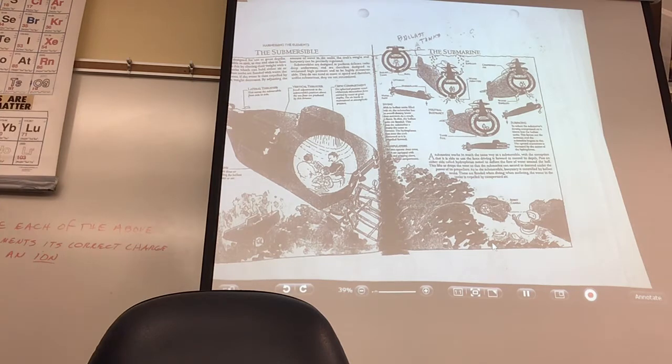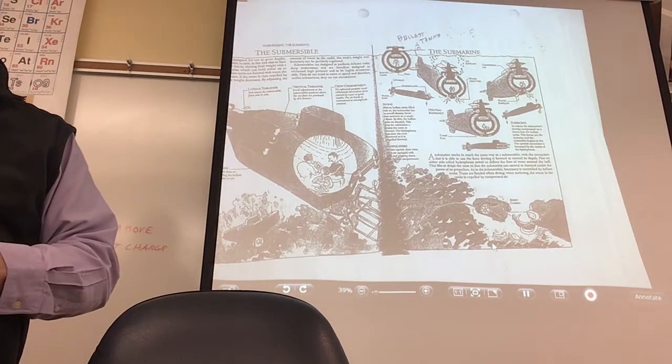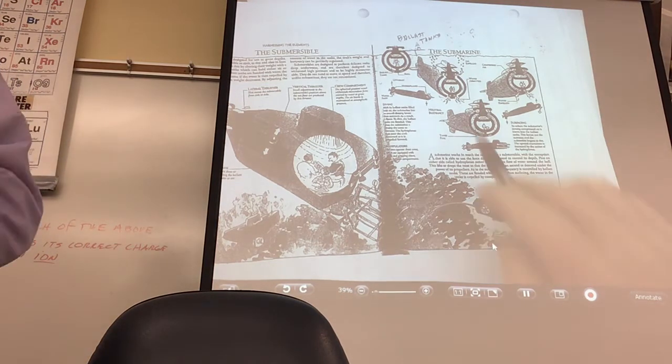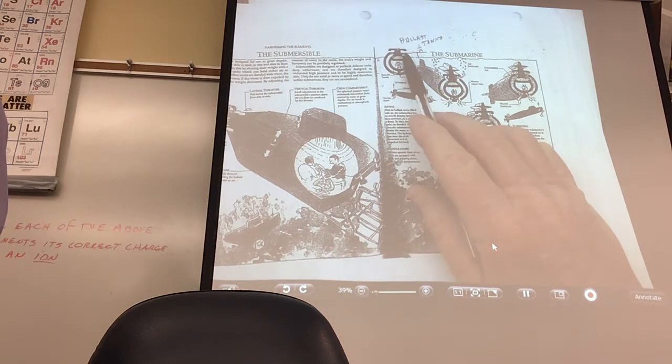But how does a submarine go down? I need the weight of the submarine to be bigger than the buoyant force. So what they have are these things called ballast tanks, and you can read this, but all they have to do is open up a door. Actually, they can open up here.